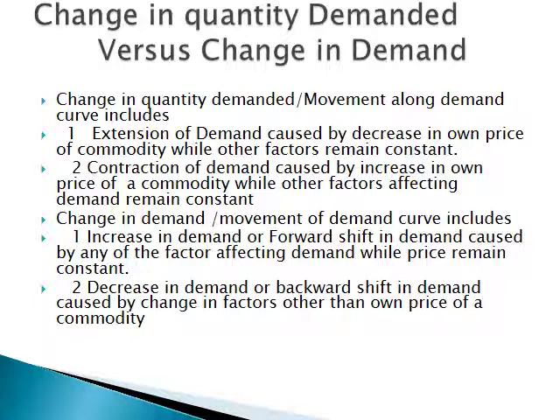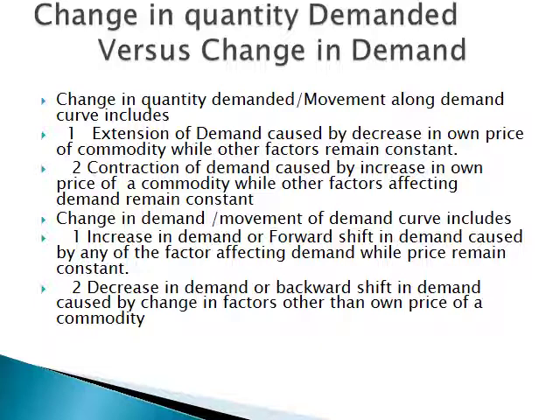Here, change in quantity demanded is caused by change in price while other factors remain constant, whereas change in demand is caused by change in other factors while price remains constant.